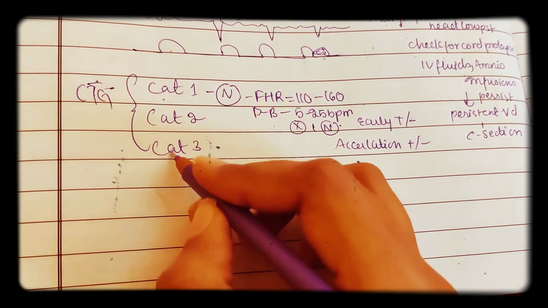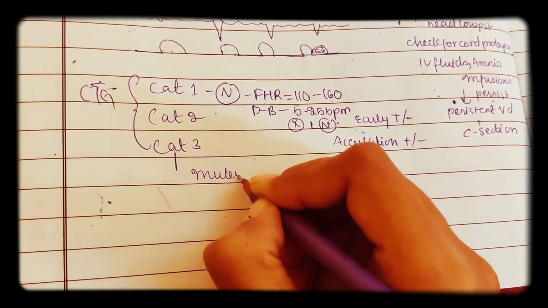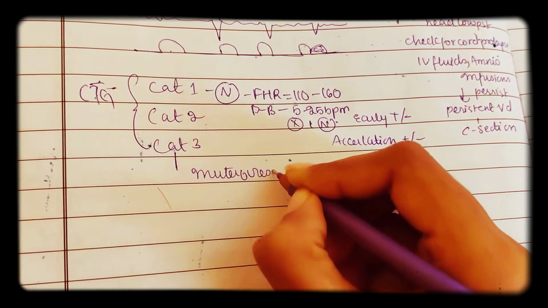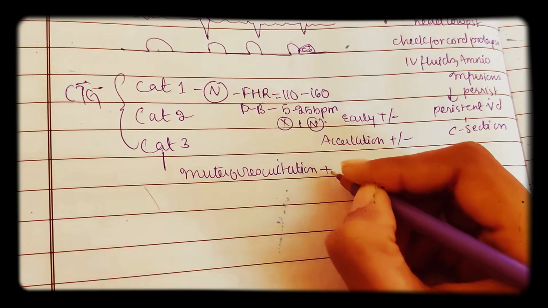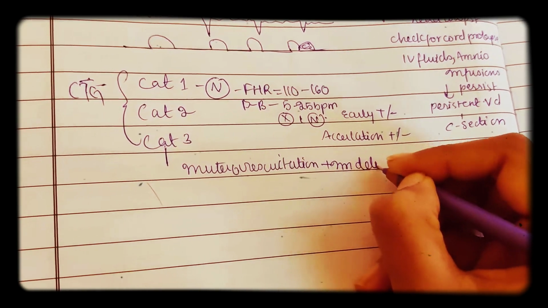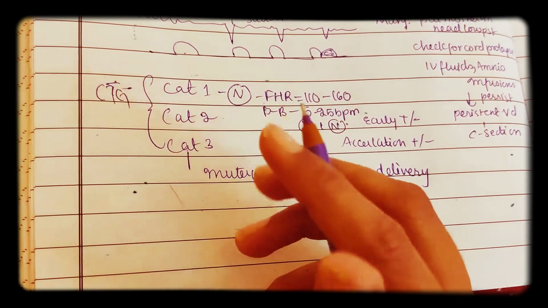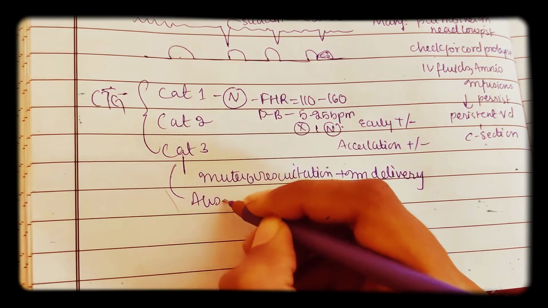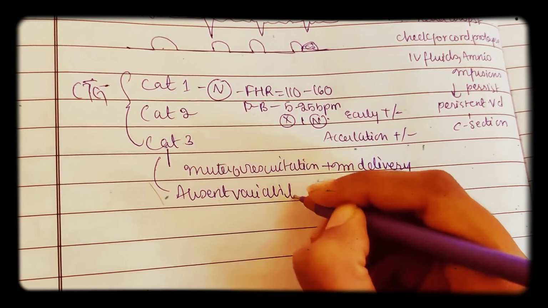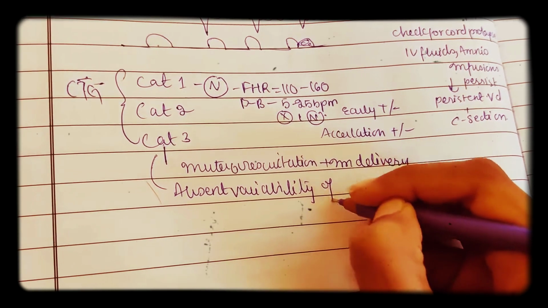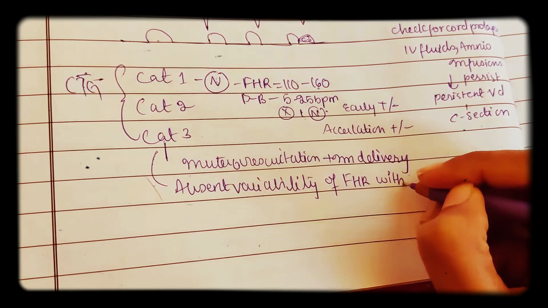Now coming to category 3. Category 3 is mainly seen in utero resuscitation with immediate delivery. Category 3 is absent variability. There is absent variability of fetal heart rate with bradycardia.